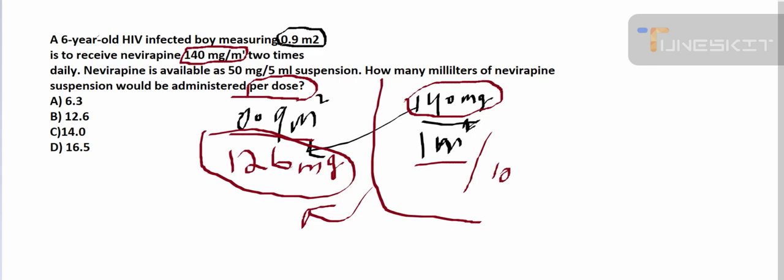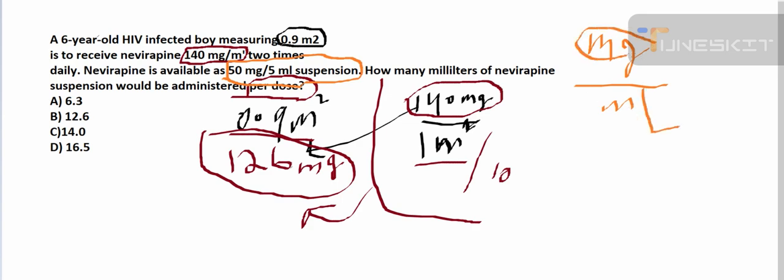Okay, there is another thing in this question. This nevirapine suspension is basically a syrup or suspension form, and suspension is always in mg per ml. I always tell you that suspension means the amount of solute in solvent or solution.